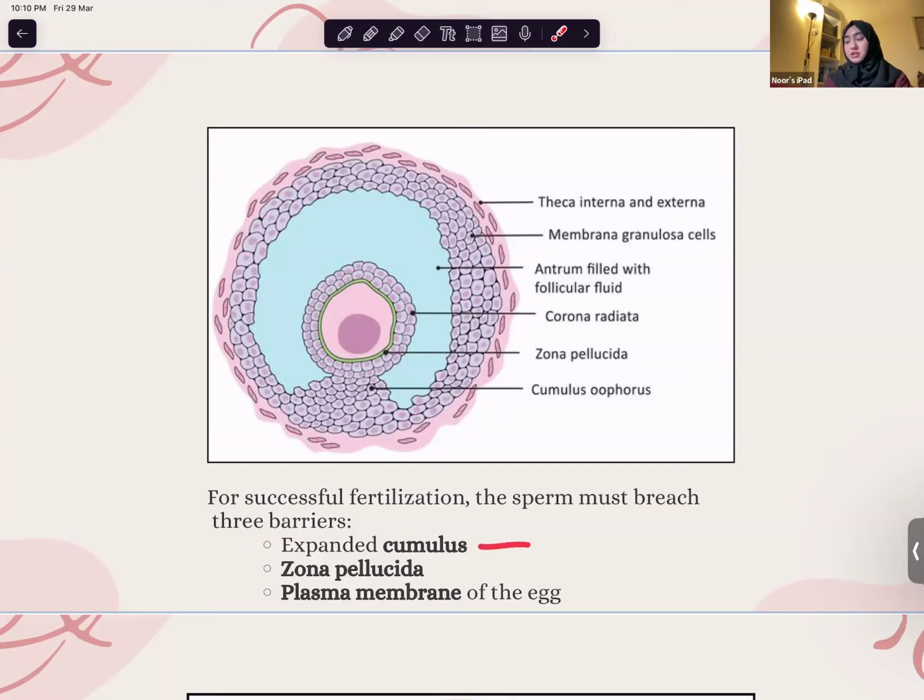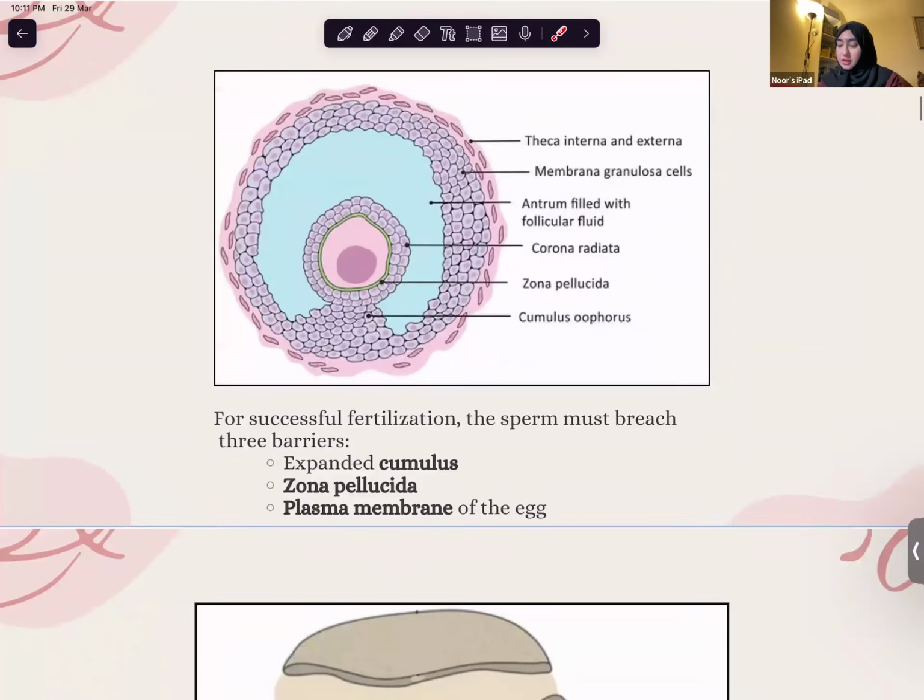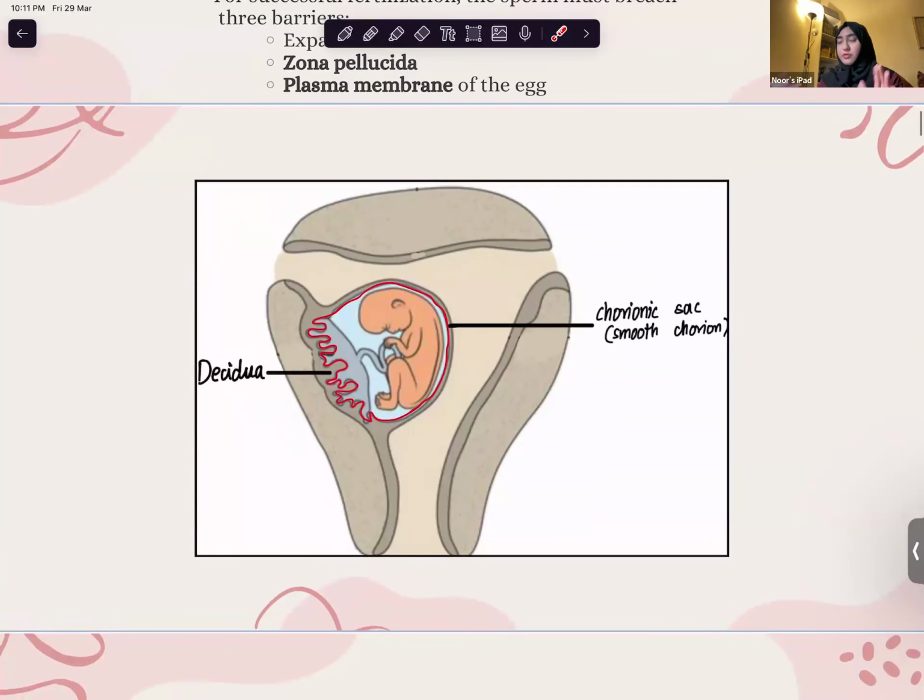One is the expanded cumulus, or you can also call it the cumulus oophorus, then the zona pellucida, the one that I showed you in the black outline, and the plasma membrane of the egg. So the sperm needs to pass these three in order to fertilize. Okay, very important, although I am bringing it earlier in the slide, because I want you all to remember this. If you have this in the beginning, the next few slides would be easier for you.